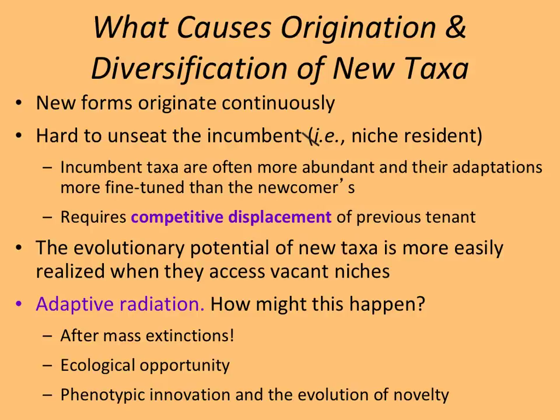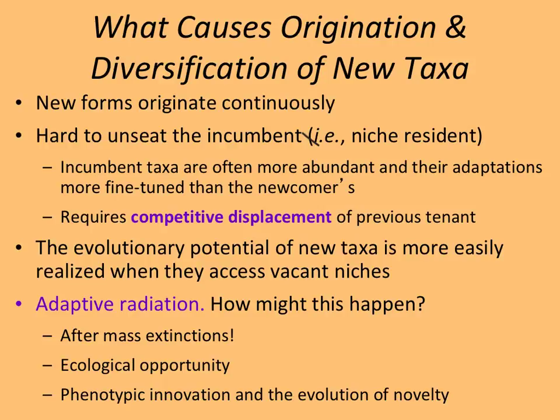There are potentially all these empty niches as more and more organisms colonize the area, and species start to differentiate into new species. Well, when you start with one or a few taxa and they increase into, let's say, hundreds of different taxa, that's called an adaptive radiation.